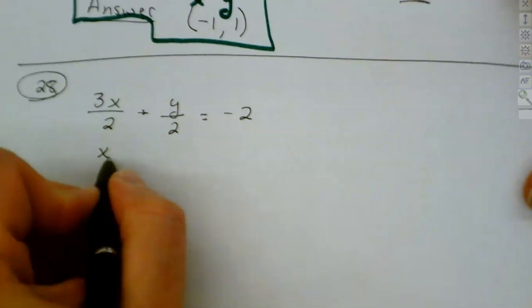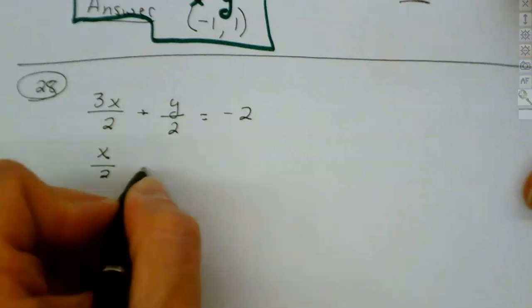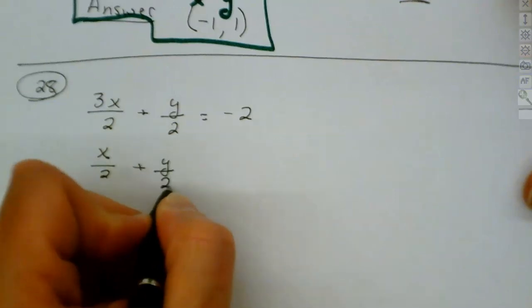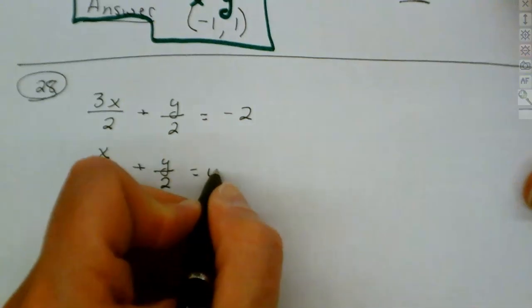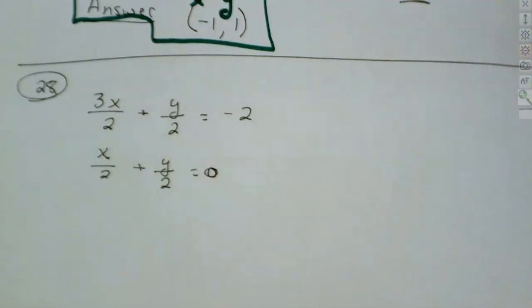And then we have x over 2 plus y over 2 equals 0. You could get by without clearing out the fractions, but I think it's going to be easier if we do.